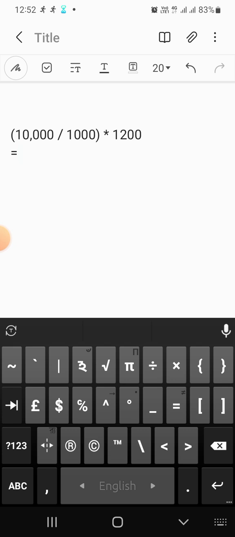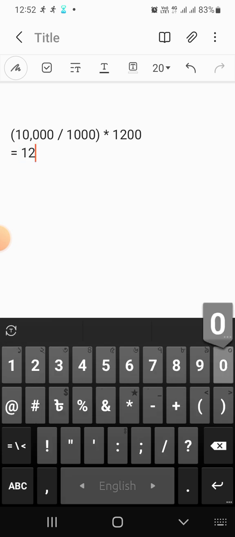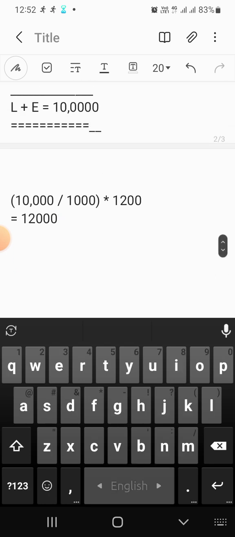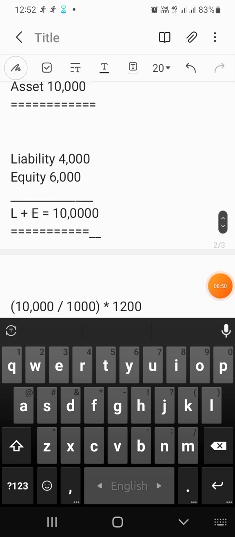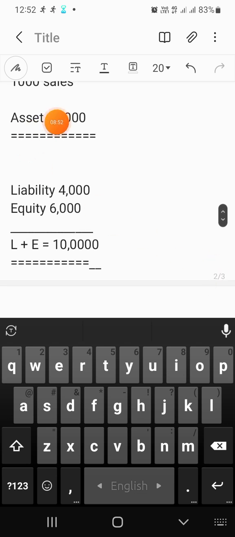Let me calculate. 12,000 taka you need. And what does that mean? That means your asset was 10,000 when your sales was 1,000. But when you say that I will boost my sale tomorrow or in the next month, your asset requirement is 12,000, not 10,000, or else you cannot actually boost yourself.